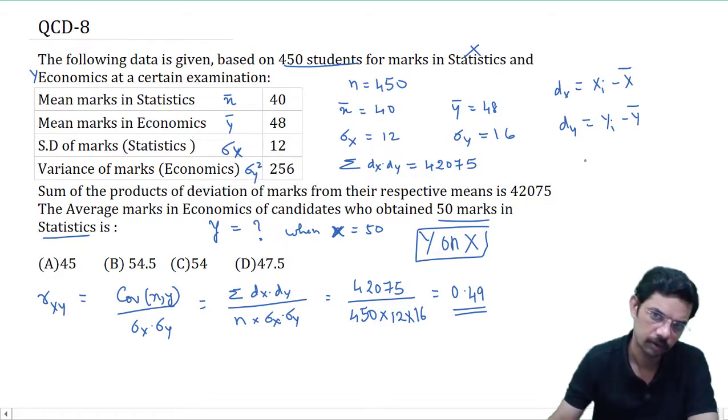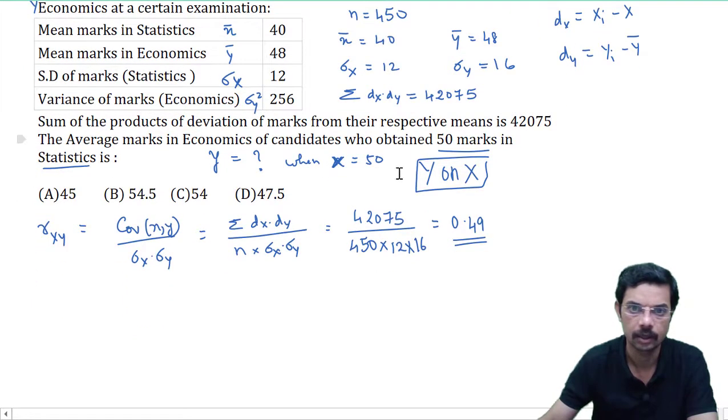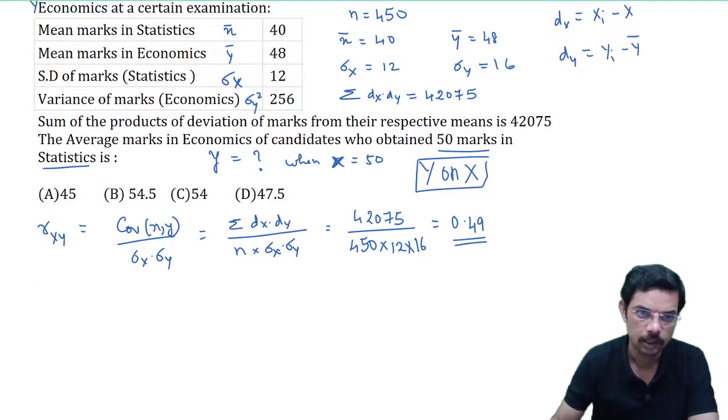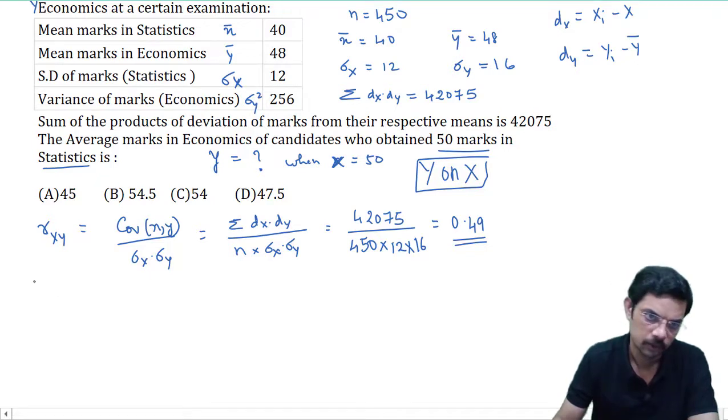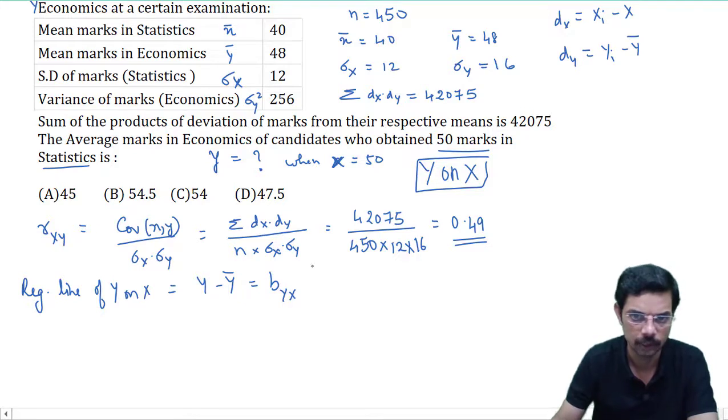Now we need to find the regression line of y on x. It is given by y minus y bar equal to b of y on x into x minus x bar.